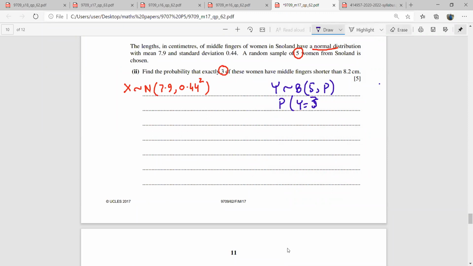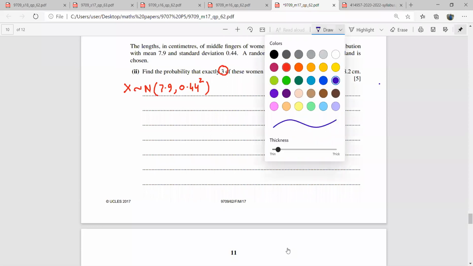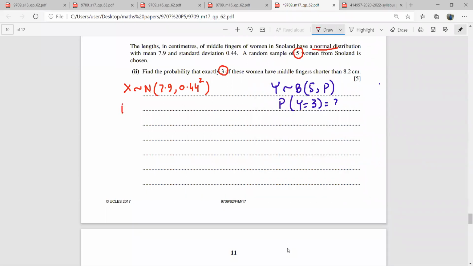Let me clear this. It's really looking untidy here. So we have to find Y equal to 3 over here. The probability of success is that the finger is shorter than 8.2. You will find that probability from here. This P is going to be the probability that X is less than 8.2.